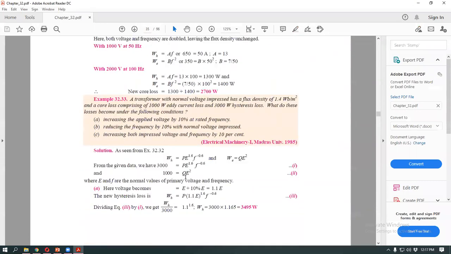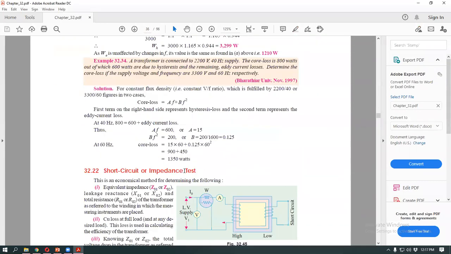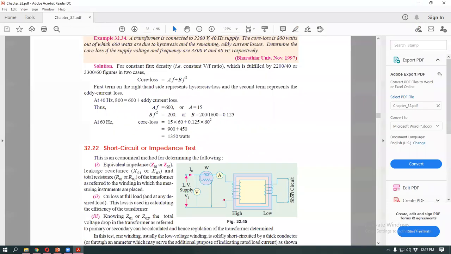So this is the short circuit. This is a low voltage supply, LV supply.